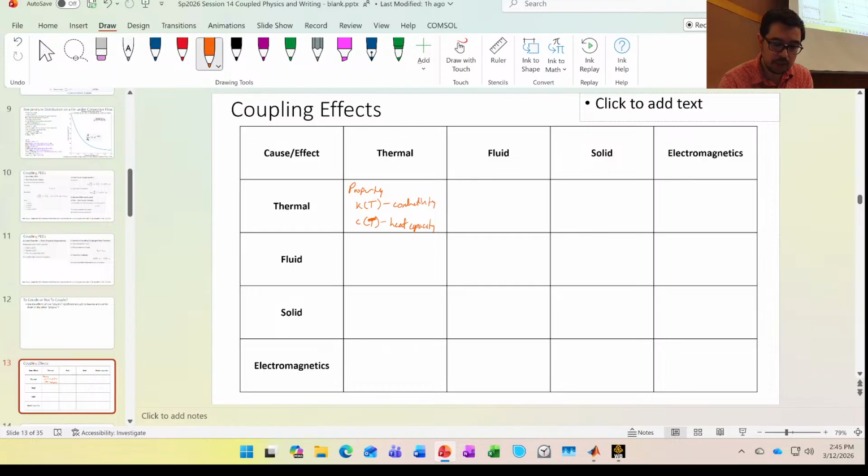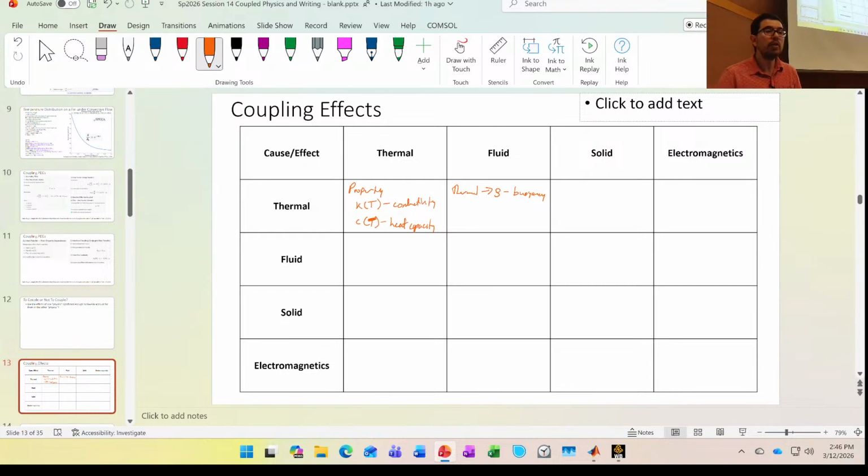Thermal can affect density, which can affect buoyancy. If I heat a gas up, it becomes less dense. If I heat a liquid up, it can also undergo a phase change, and that can affect flow.